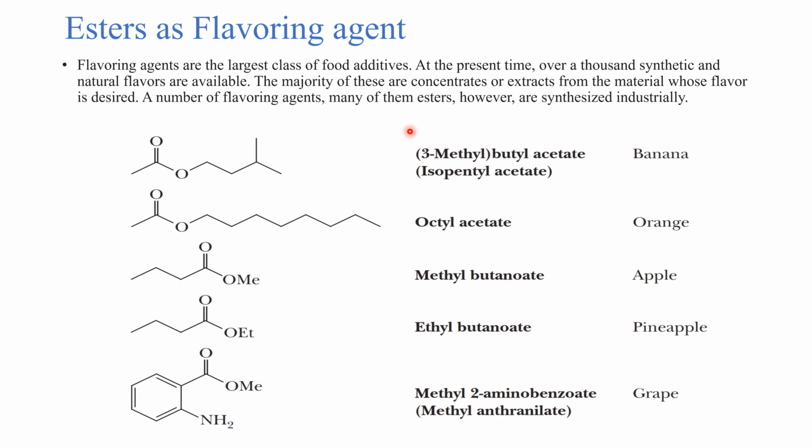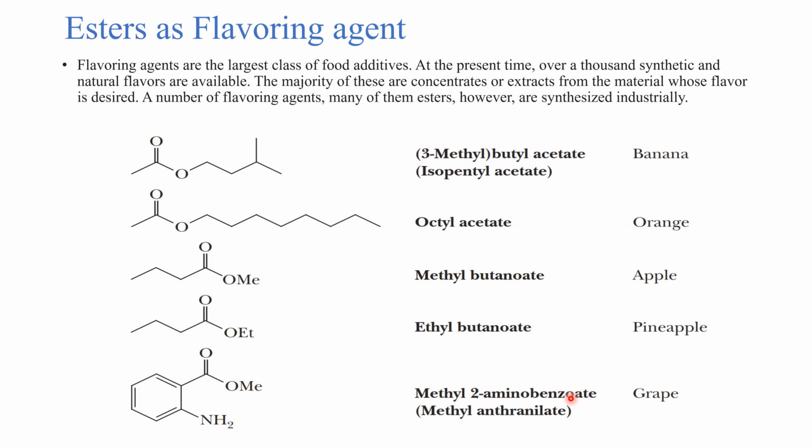But a large number of flavoring agents are synthesized industrially. So I have mentioned a few of the esters to give you the idea of what particular aroma and flavor they have, and which products have that flavor.